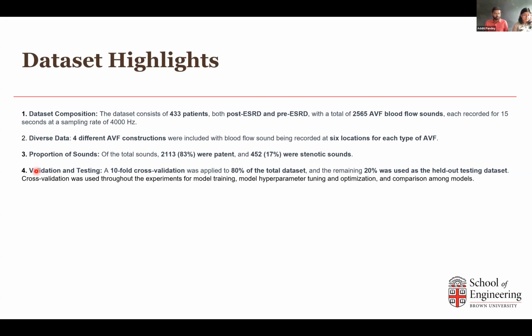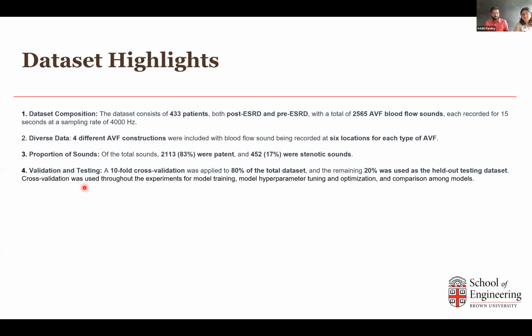And regarding the proportion of sounds, of the total sounds, 2,113 were patent, that means normal, with no stenosis. And 452 recorded sounds were stenotic sounds, where there was shrinkage in the vessel. For validation and testing in the study, a 10-fold cross validation was applied to 80% of the total dataset, and the remaining 20% was used as a held-out test set.